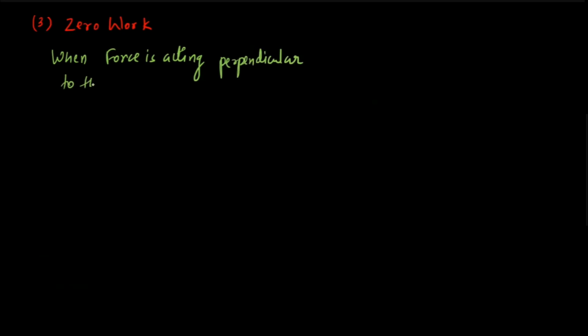Apart from this, we have another case, and that is zero work. This is a very specific one. When force is acting perpendicular to the displacement, work is going to be zero.